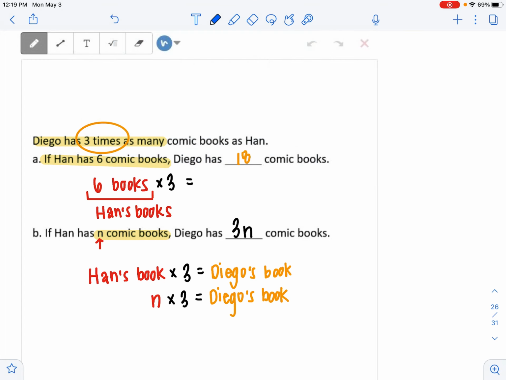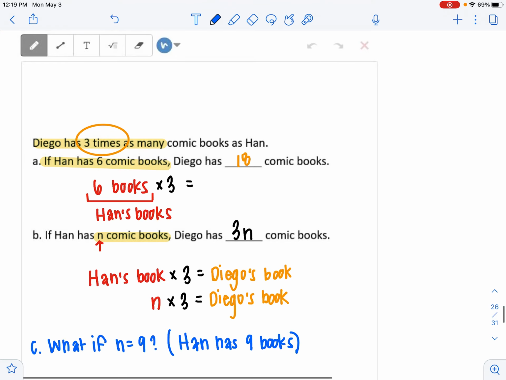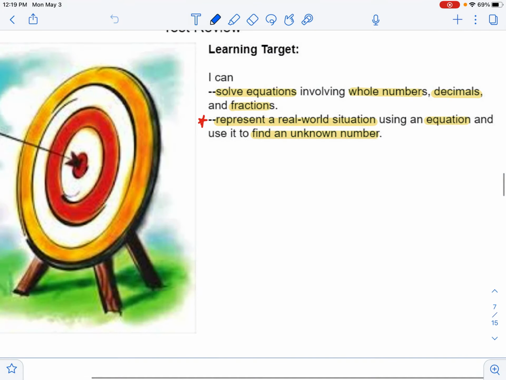You might see a question on the test that we're taking on Thursday and Friday that says, what if n equals 9? And this would just mean that Han has 9 books. This is the same exact thing as that table that we went over in the first part of the video.